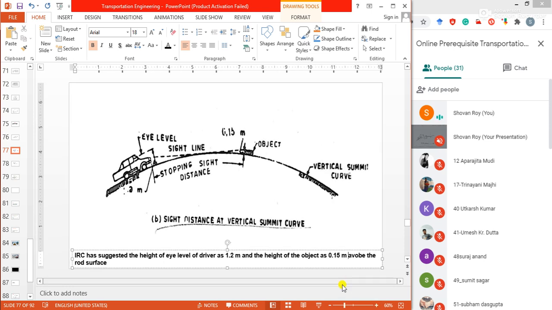So IRC has suggested the height of the eye level of the driver as 1.2 meter and the height of the object as 0.15 meter above the road surface.